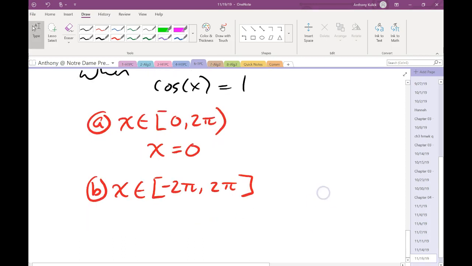Okay, so on B we're looking for negative 2 pi to 2 pi. What are the answers here going to be? Well, you know one of them right away, right? You know 0 right away, right?